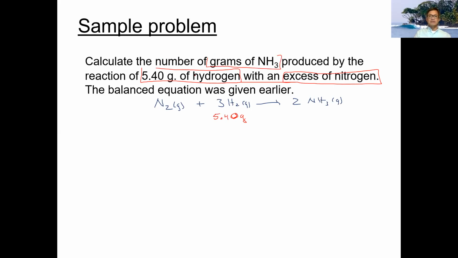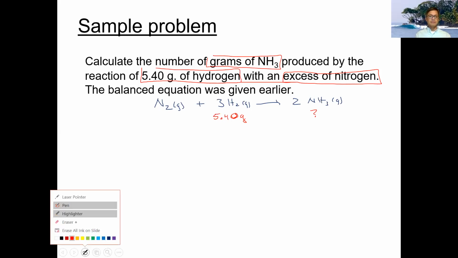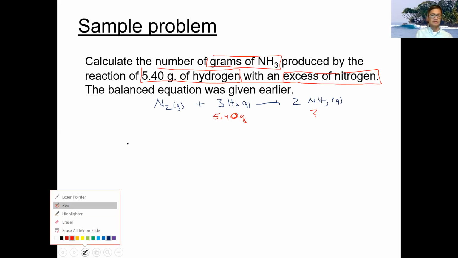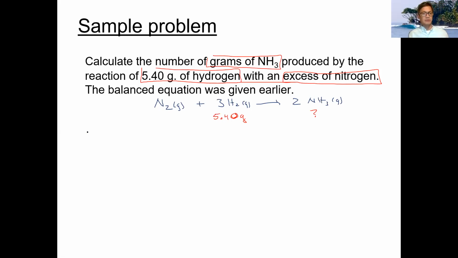So this is what we're starting out with, and this is what we're solving for. Until you get comfortable with it, what I would suggest you do is write down the mole ratios again. Make sure you are aware of the mole ratios that are available to you. We have 1 mole of nitrogen for every 3 moles of hydrogen.